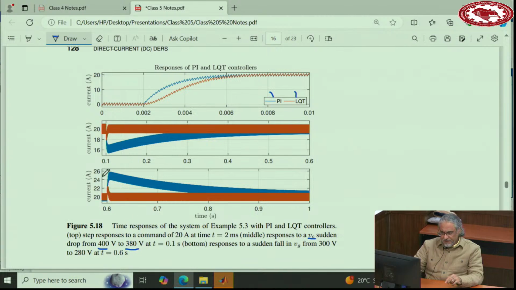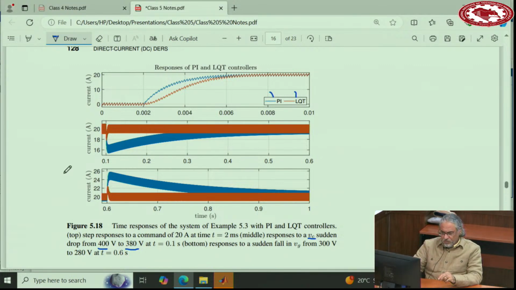So the PI shows all these long transients. Its current drops all the way to 16 and then takes a long transient to come back. The optimal controller, with a very small transient, keeps it very close to 20 with a small glitch.